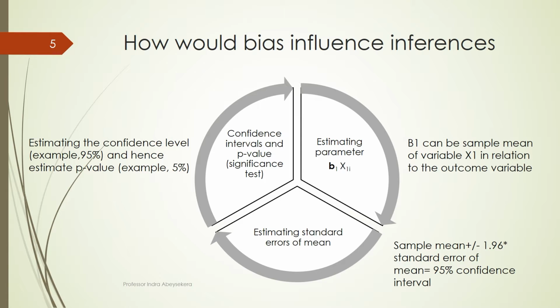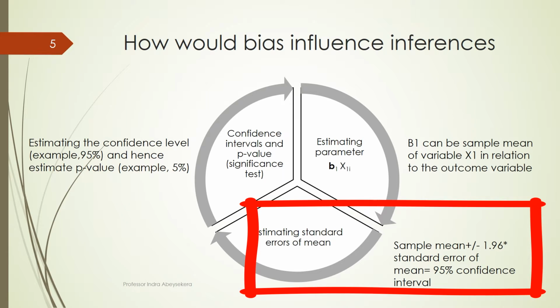The second is the estimation of the standard errors of the mean. It is through the standard error of the mean that we estimate the confidence interval correctly. So to estimate the confidence interval correctly, we must meet the assumptions.